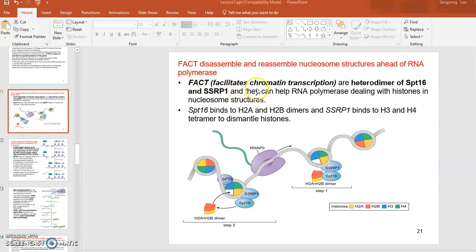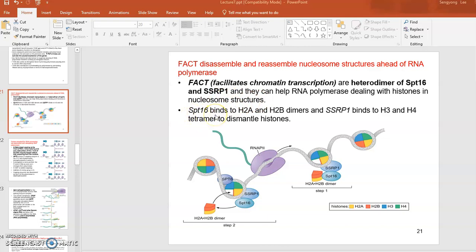Okay, and they come in as a heterodimer made up of two proteins, SPT16 and SSRP1. So those two proteins, okay, like this, they come and help RNA polymerase to deal with the histone proteins in the nucleosome structure.